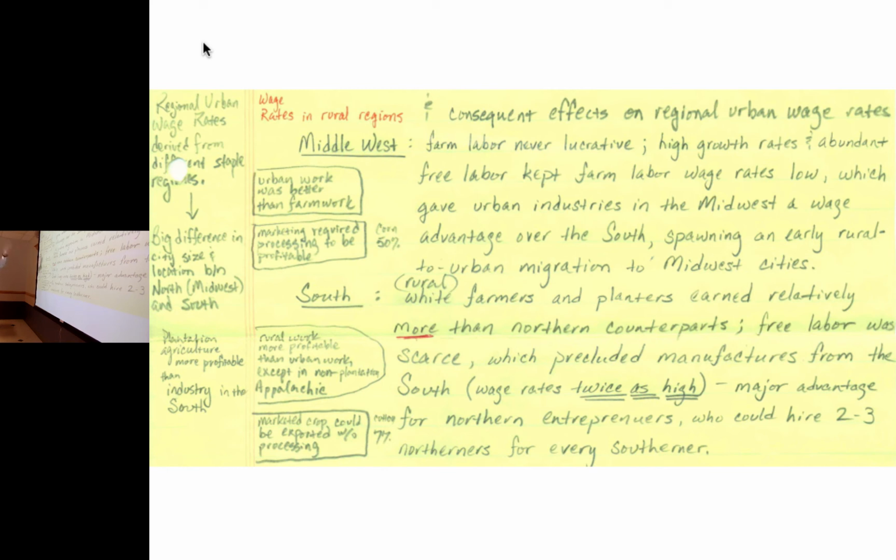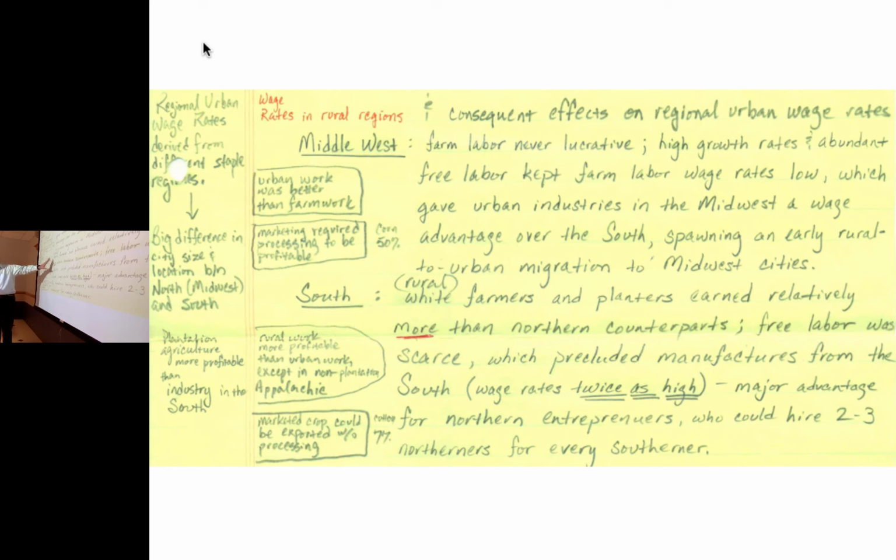Wage rates had a lot to do with the development of early, incipient industries in the Middle West. Big wage advantage, and this so-called transfer wage is something we'll talk about next time. But for the most part, industries in the Midwestern cities could count on lots of labor out there in the hinterland coming in to do the jobs. They could always make a better living in the cities than they could on the farms.